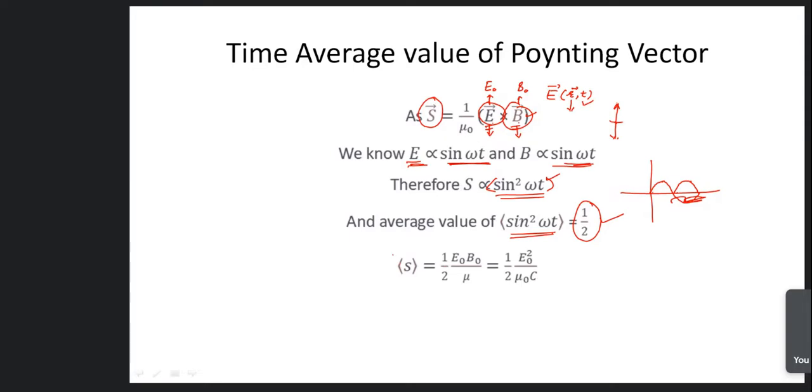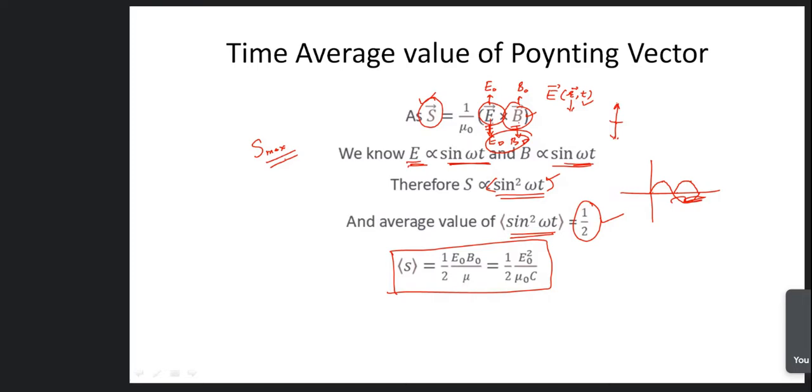If I replace these by E naught and B naught, what we get is the maximum value of the Poynting vector, the maximum energy flowing through unit area and unit time, when we choose E as E naught and B as B naught. As you know, they are not fixed; they vary sinusoidally with time.